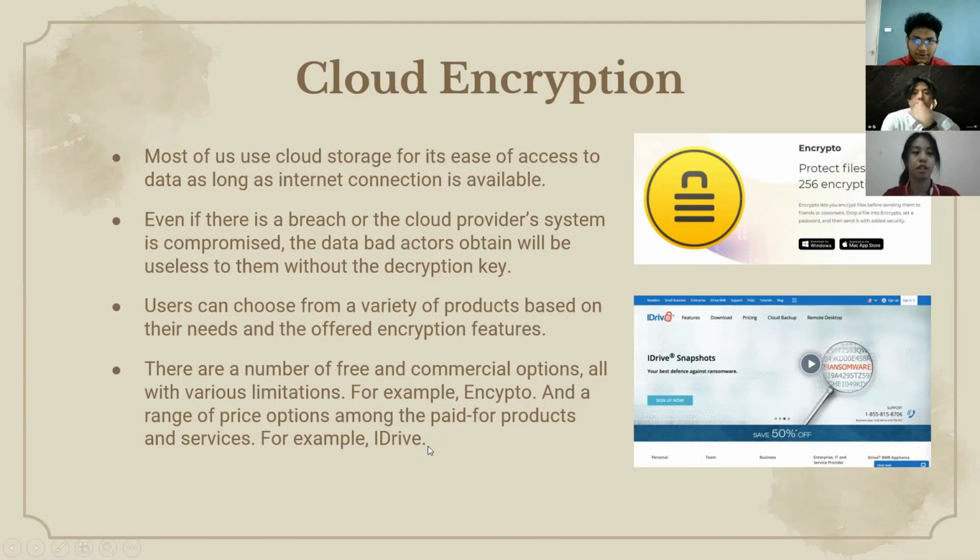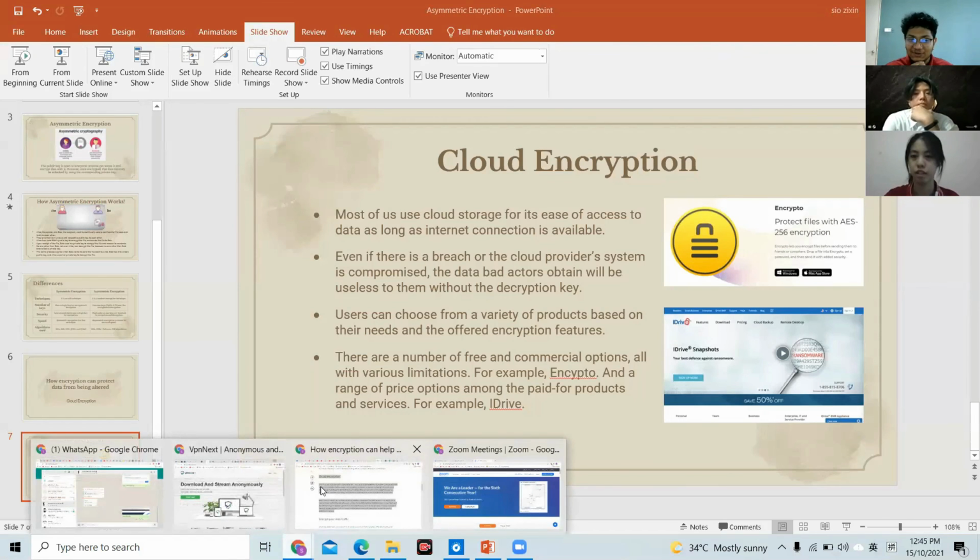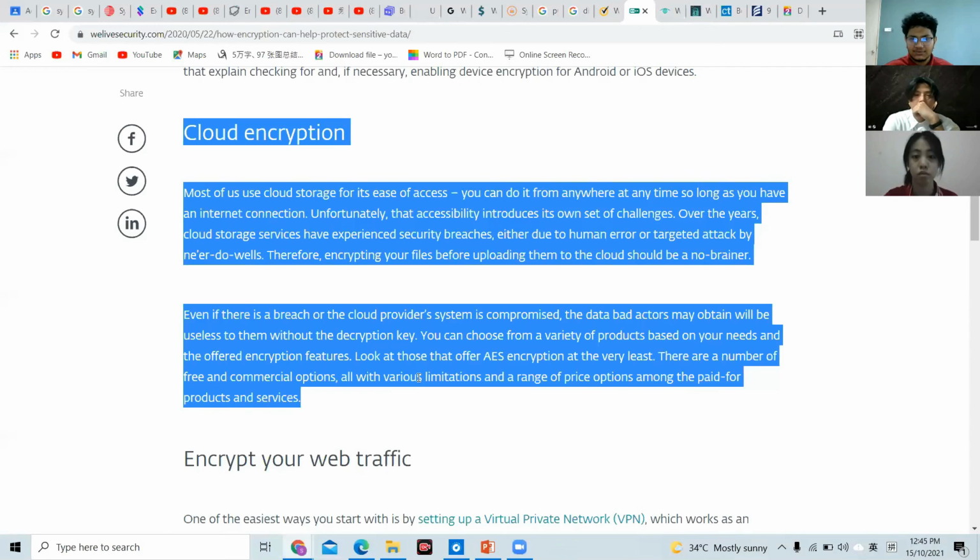All right. I never knew you would need to pay for security on cloud storage. I just normally use Google Drive, but that's interesting. I also didn't know there are multiple levels of encryption.